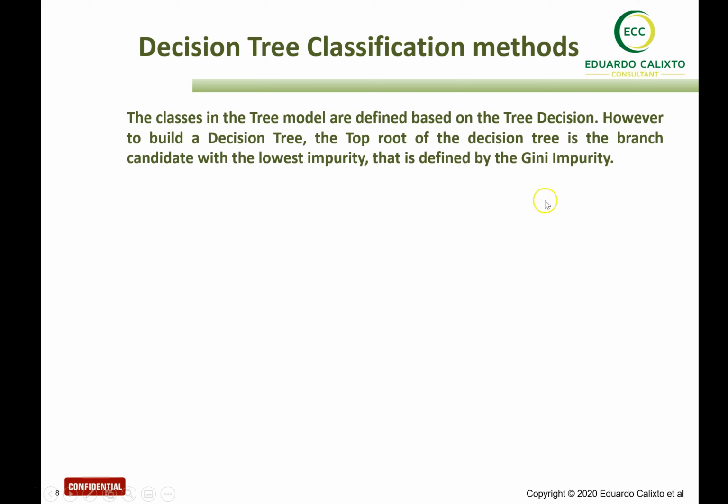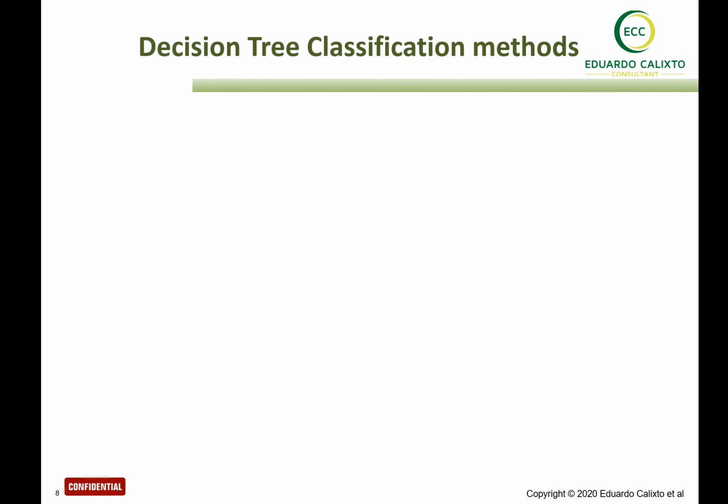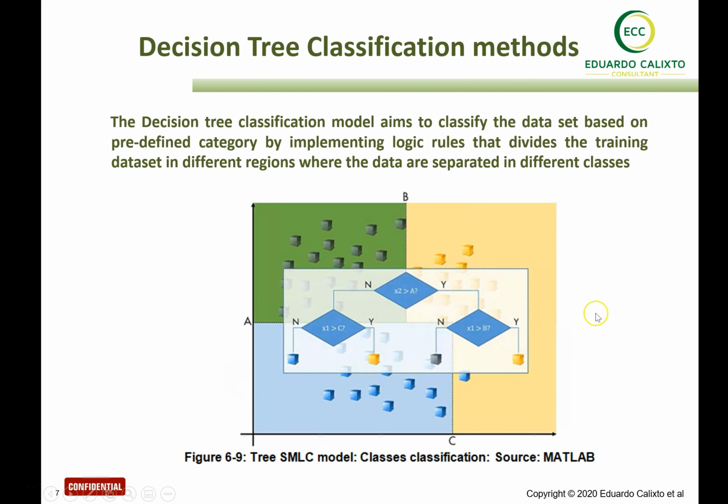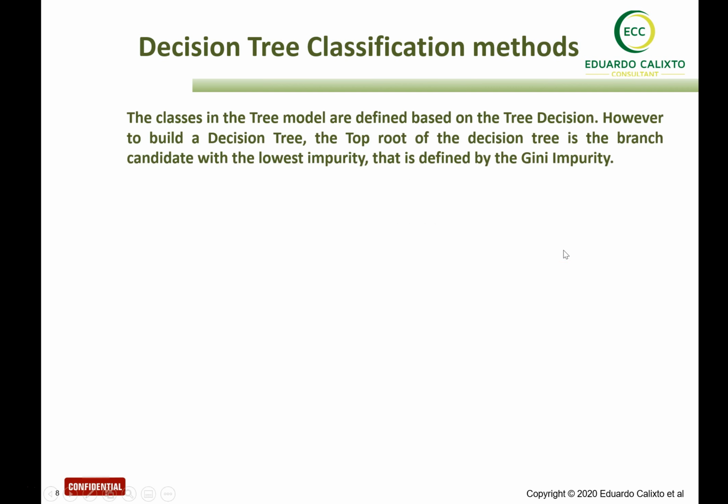The classes in the tree model are defined based on the decision tree, as we already saw. And the main point here is how to build a decision tree. The top root of the decision tree can be defined differently. We can use this one as a top root or this one as a top root. But why do we choose this specific one as the top root? The impurity is the answer for that.